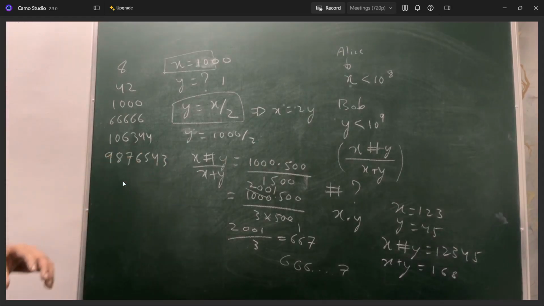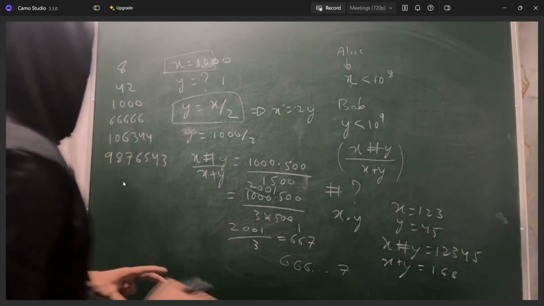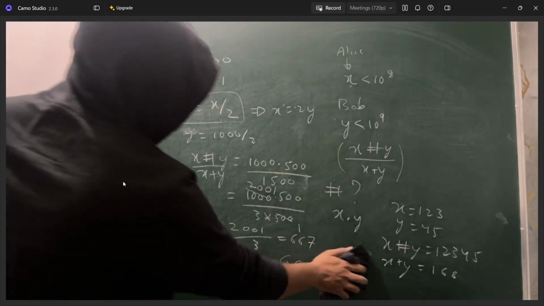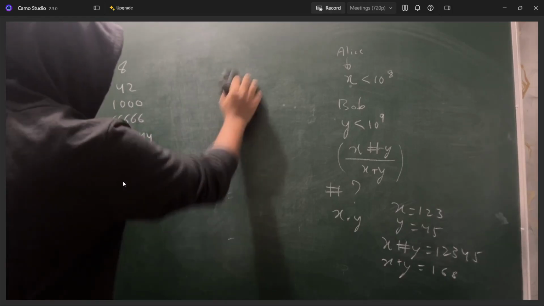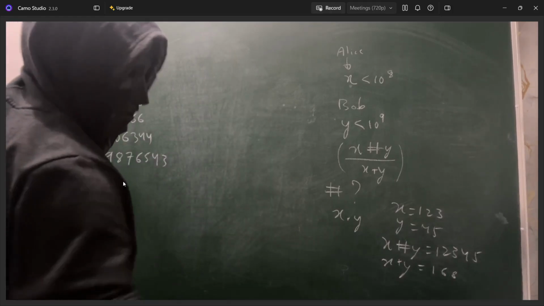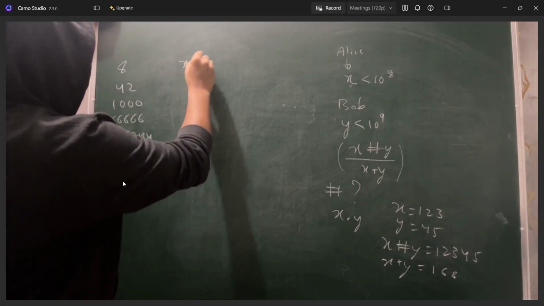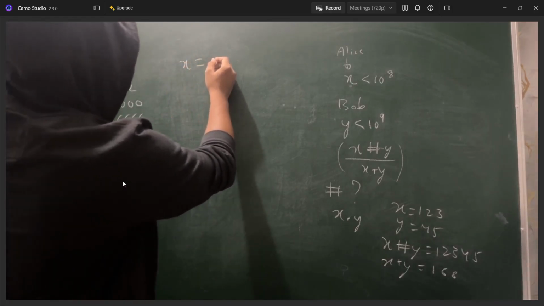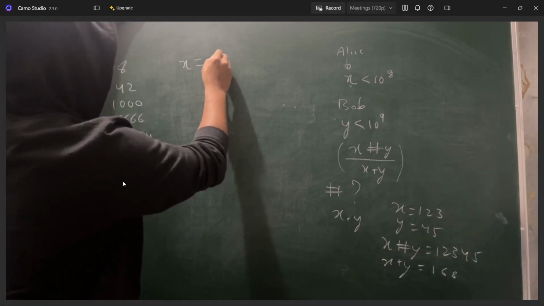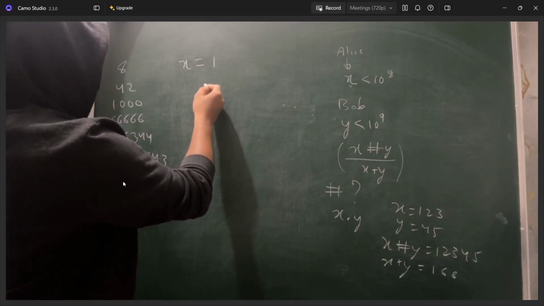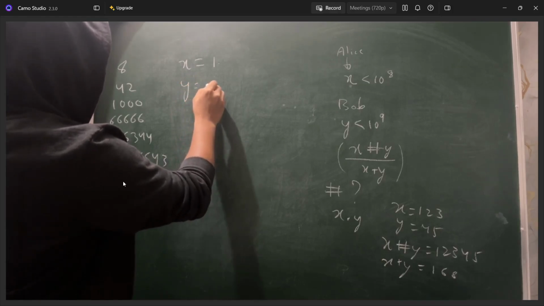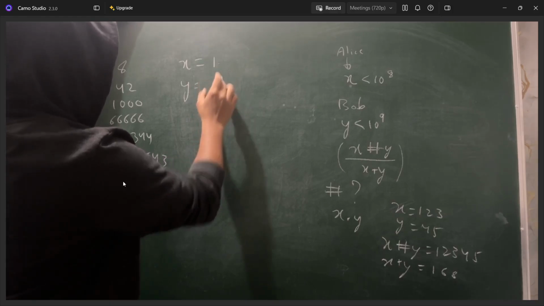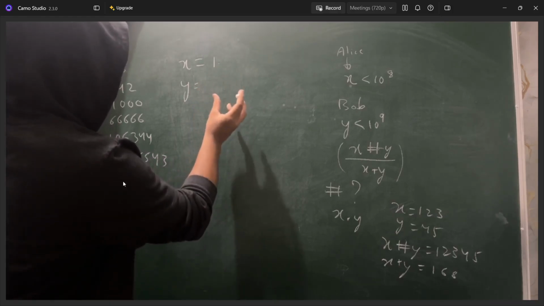So this will work. So now the question comes, what if you have x as an odd number? So for the trivial case, I took x as 1, and what I did is I tried to find x by 2, which is basically a fractional value here.